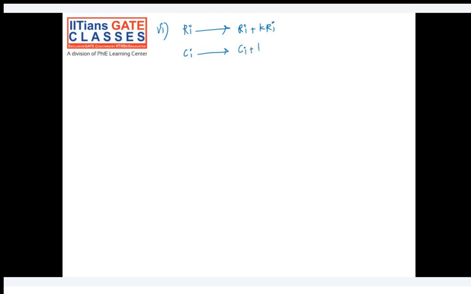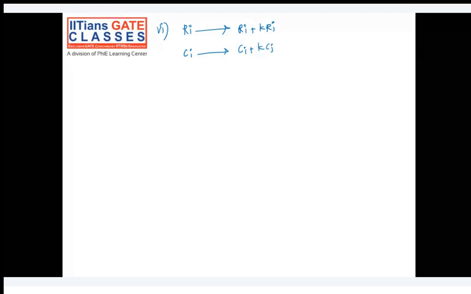In short, I am performing a row or column operation. How will it affect the determinant? Can you tell me? After performing a row operation or column operation, what will happen to the determinant?